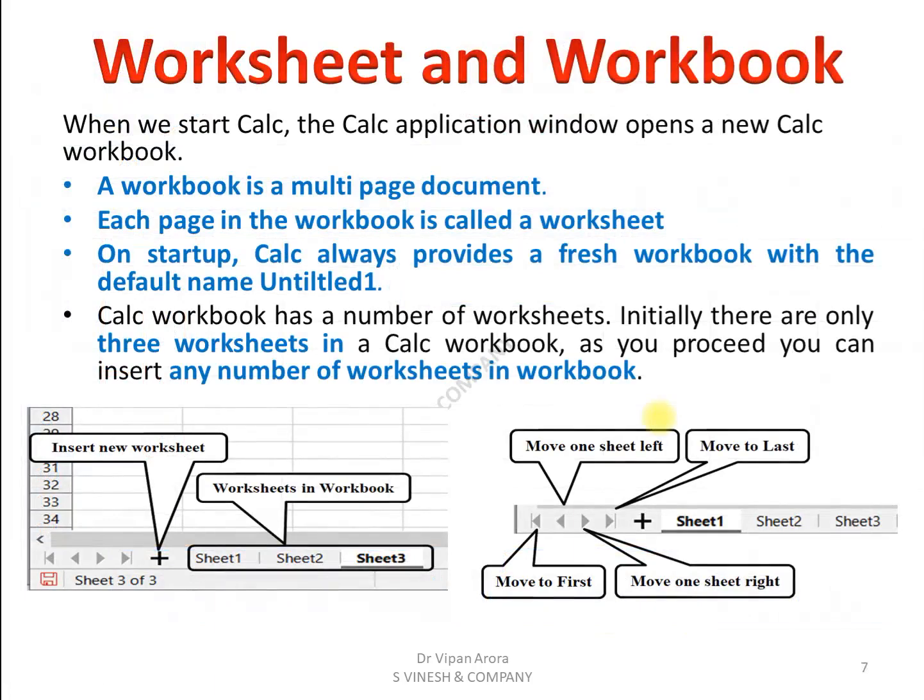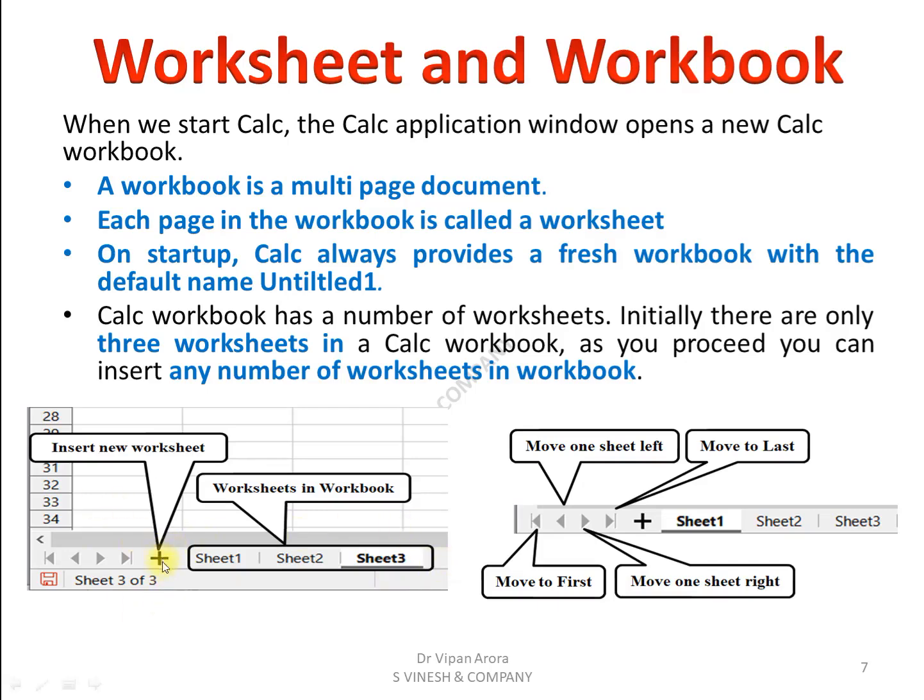Now, the difference between a worksheet and a workbook. A workbook contains a number of worksheets. Every page in the workbook is called a worksheet. Now look at this diagram. Sheet 1, sheet 2, sheet 3, sheet 4 is also possible. So this one workbook contains in this diagram 3 worksheets.